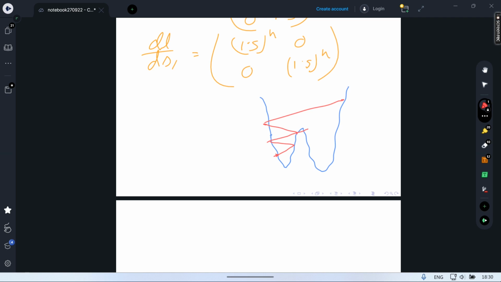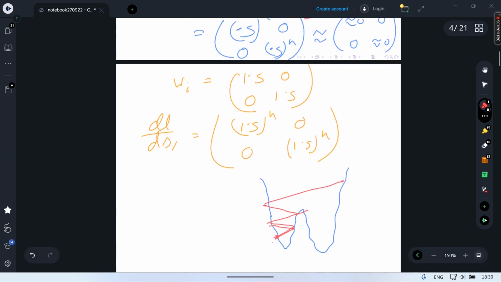Suppose you start from this place; in the next step you will jump to this place where the loss is more than the previous one. Then in the next step you might jump to another place where the loss is more than the previous one. So instead of the loss decreasing, the loss might increase with the training step. This kind of problem is called the exploding gradient problem.